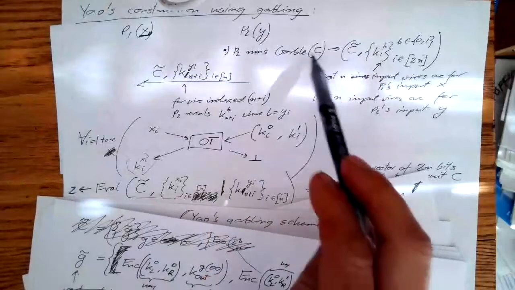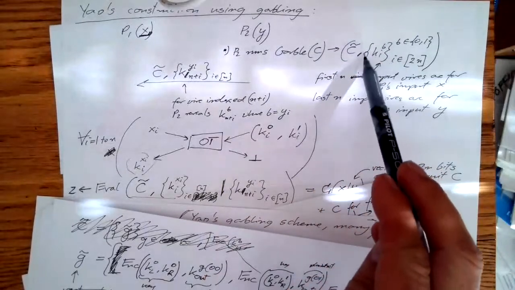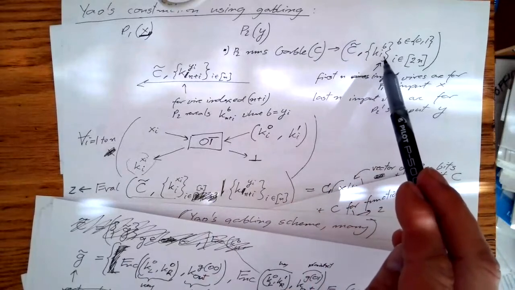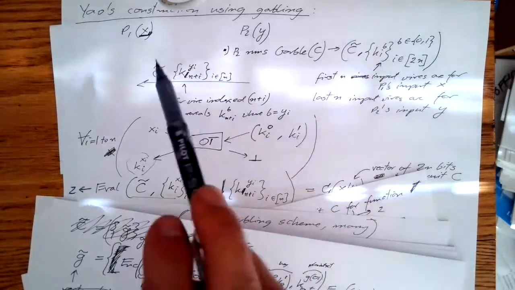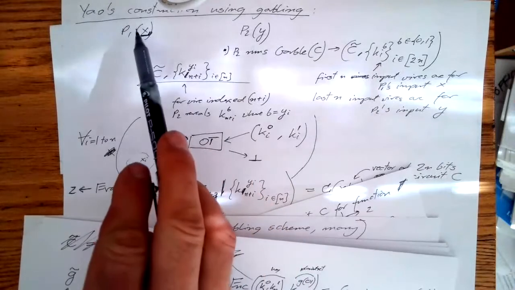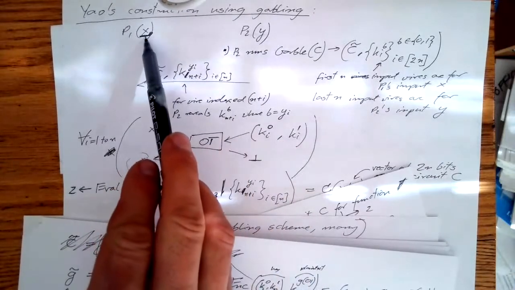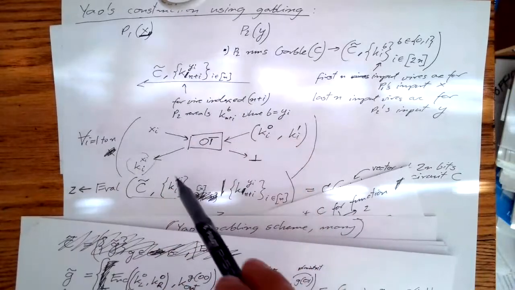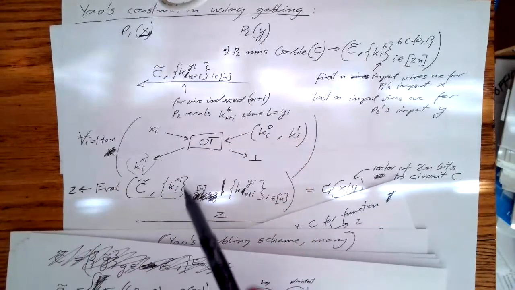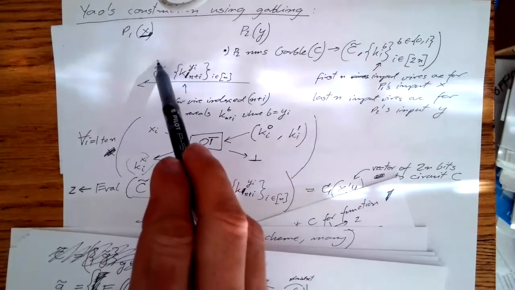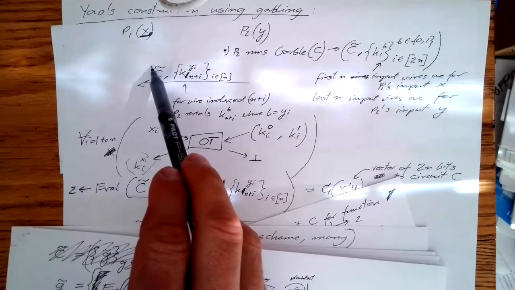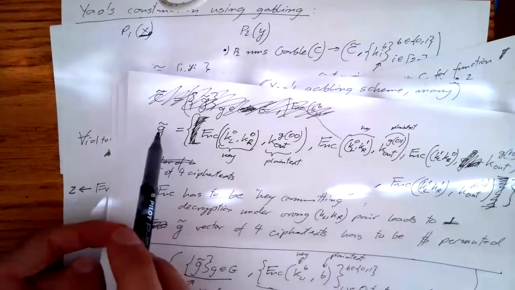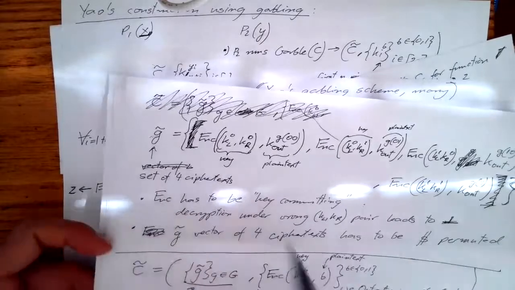P2 garbled the circuit and created the garbled keys, the set of keys for the wires, and transferred the set of keys corresponding to his inputs, either in a straightforward way for his own inputs or during OT for the inputs corresponding to P1, and then created the garbled circuit and transferred it.